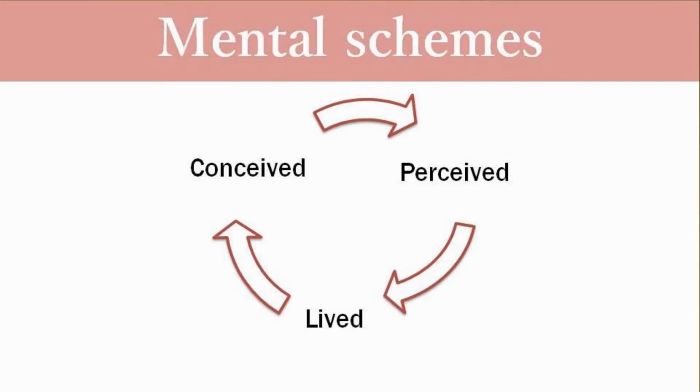But at the same time we know according to what we think in general or what we have learned in the past. And this is part of what we can consider conceived reality. So lived, perceived and conceived are three aspects of reality.